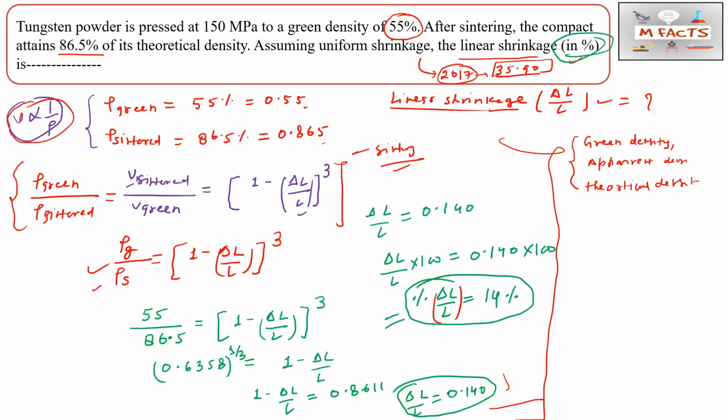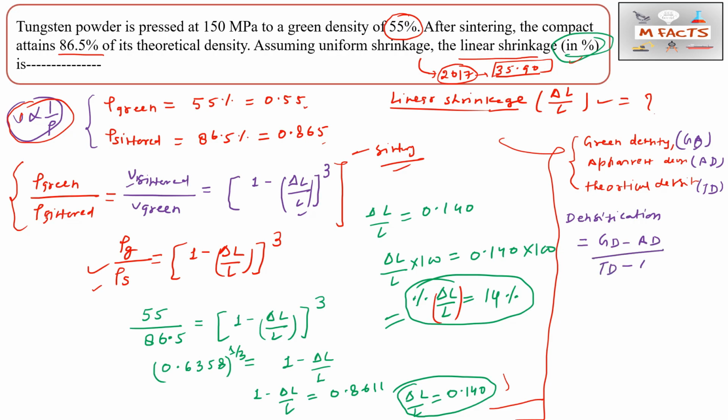So for the densification there is a formula. I will represent green density by GD, apparent density AD, and theoretical density TD. Okay, so what is the formula of densification? Densification will be green density minus apparent density by theoretical density minus apparent density.